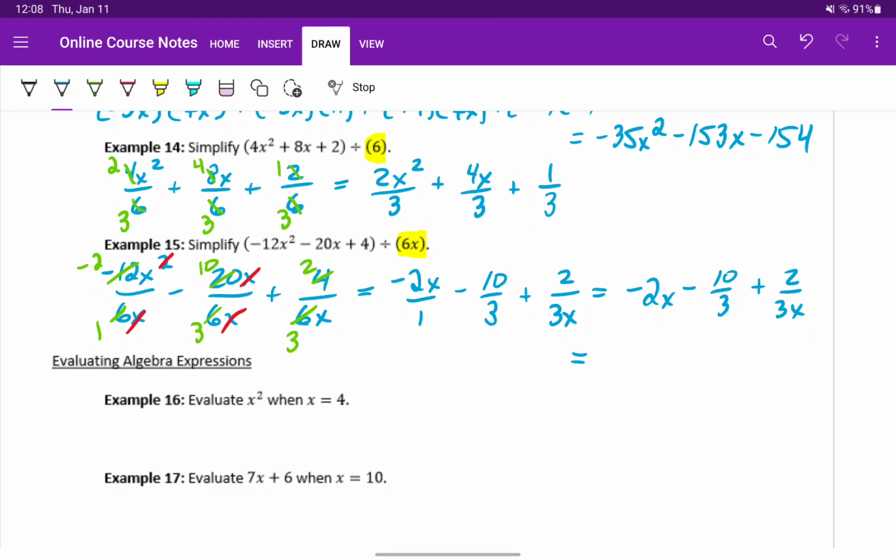And just to show you one more equivalent form of the same answer, we can leave those first two terms exactly the same, but looking at that third term where we have 2 over 3x, that would be the same thing as 2 over 3 times 1 over x, if that just ever gets written or formatted a little bit differently.